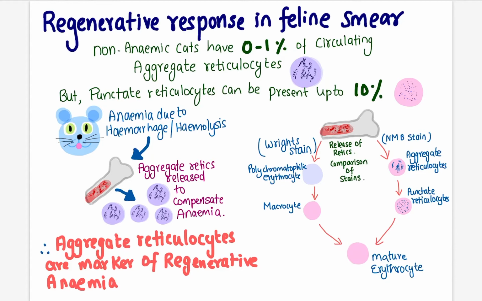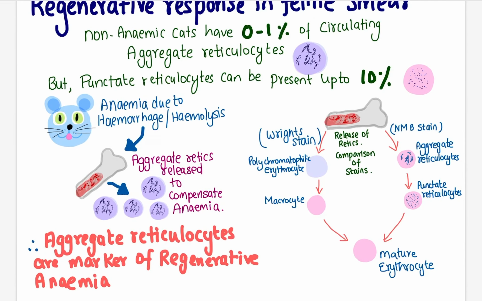In normal non-anemic cats, circulating aggregate reticulocytes are only 0 to 1%, but punctate reticulocytes can be present up to 10% in non-anemic cats. Whenever there is anemia due to hemorrhage or hemolysis, the bone marrow will push and release aggregate reticulocytes into circulation to compensate for the anemia.